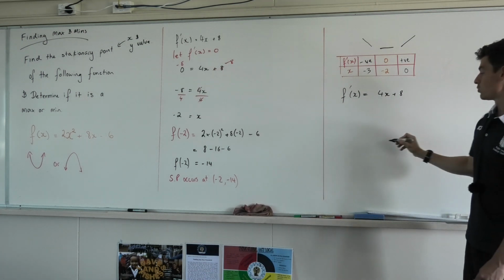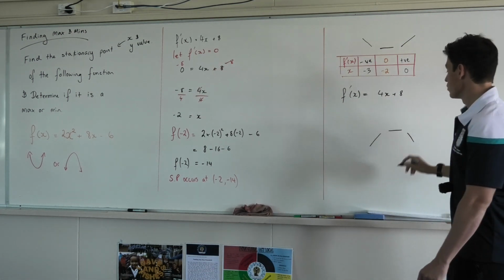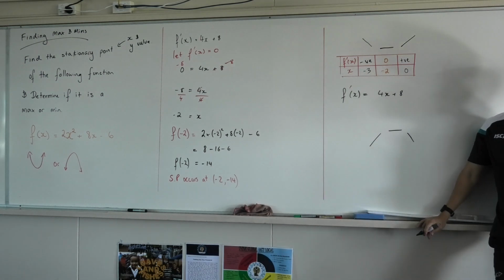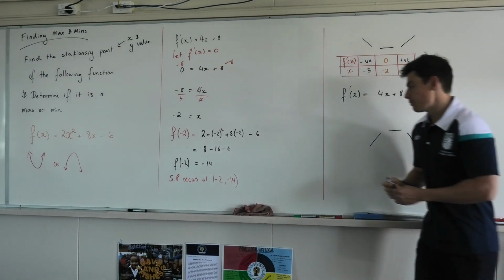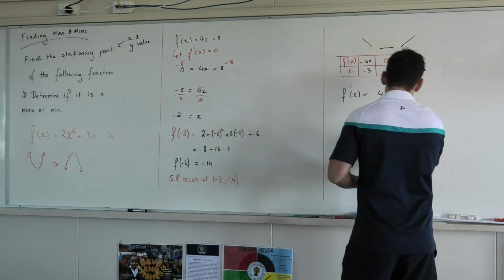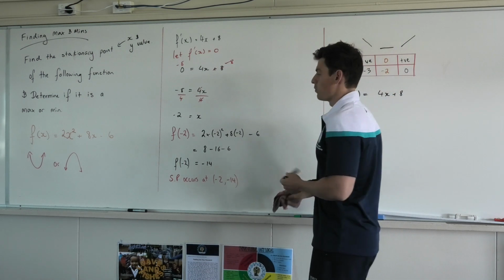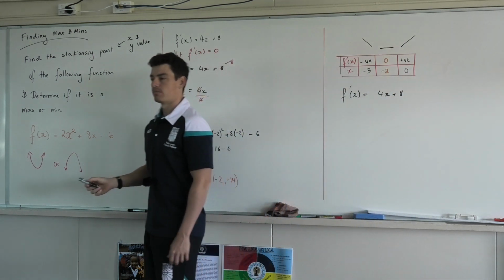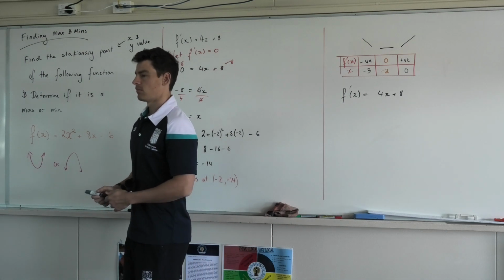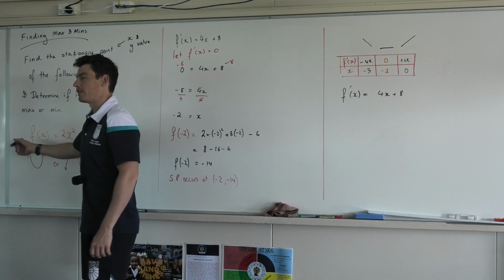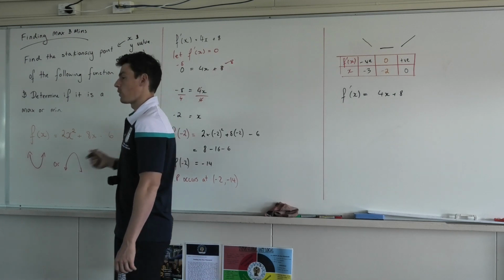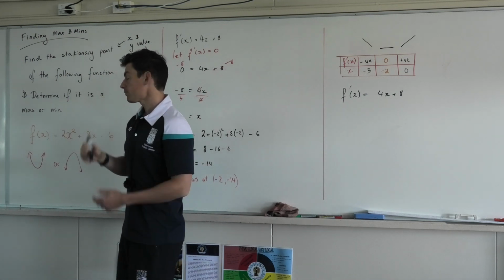What if my function went like this? Positive to negative. Dealing with a maximum, correct? Now, because I picked a gentle function where we knew, how did we know initially it was going to be a minimum? Some of you would have known, I'm hoping, that this was going to be a minimum the moment you saw that equation. How do you know? From the gradient.